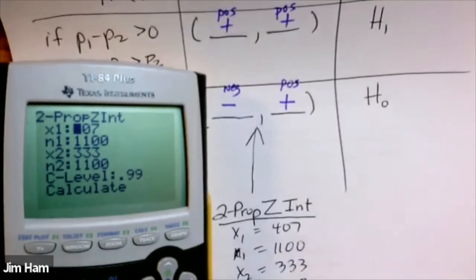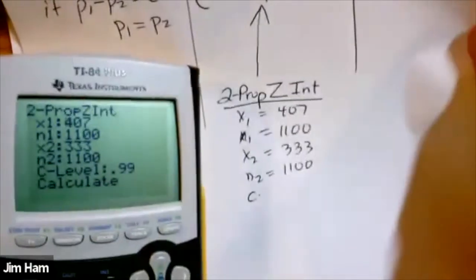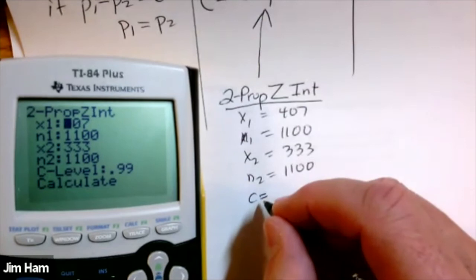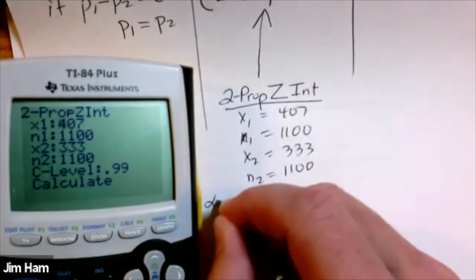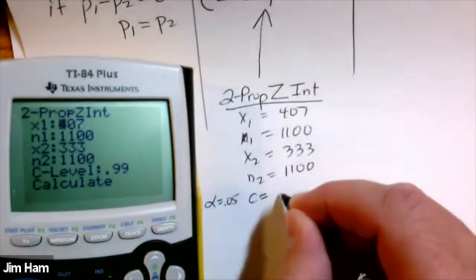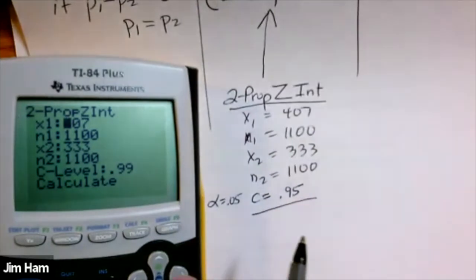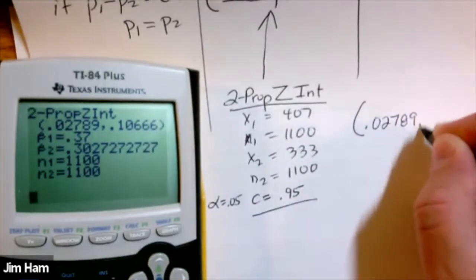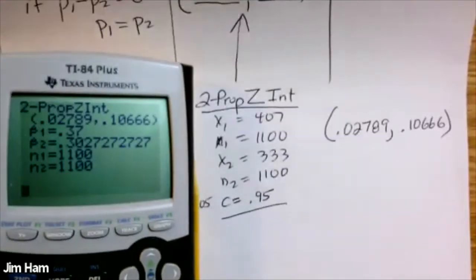And then if it is a confidence interval, it's going to ask you for the confidence level. And so let's say that this corresponds to the same thing that we found earlier. If we let alpha be 0.05, then the C level is going to be 0.95. And then let's calculate and write down the interval. Now, you don't really need to focus in on these numbers specifically, but you do need to focus in on whether they're positive or negative.